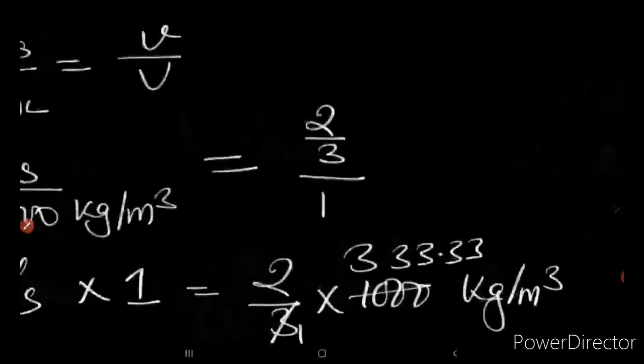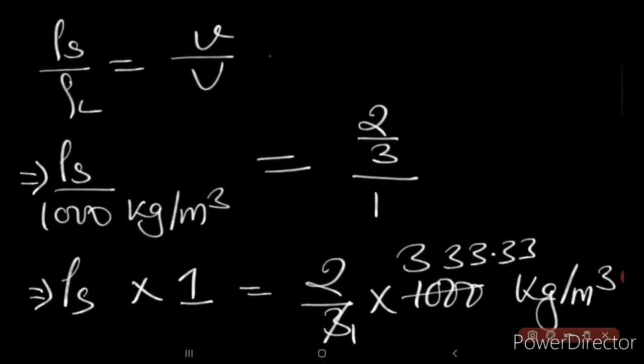Further solving it, we can write the principle of flotation, which is rho s upon rho l equals small v upon capital V, and then replacing the values of rho l, which is 1000 kilogram per meter cube, which we have assumed for water, and 2/3 was the volume which is inside the water, and 1 is the total volume of the object, the ball, right?